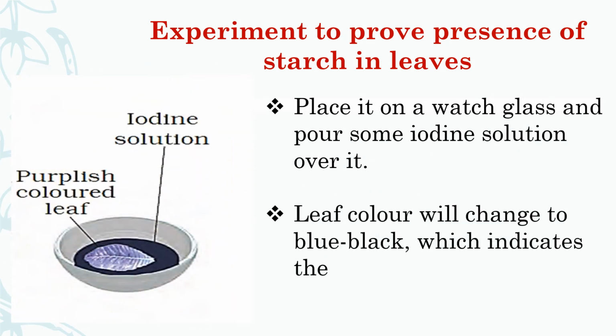Now place it on a watch glass and pour some iodine solution over it. You will observe that the leaf color has changed to blue-black, which indicates the presence of starch in the leaves. So now we have proved that leaves contain starch.